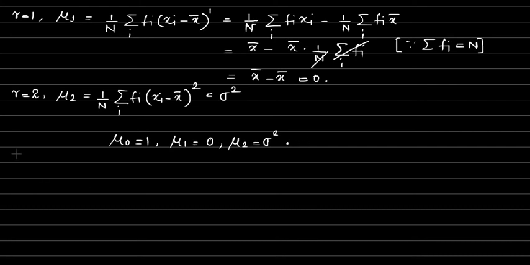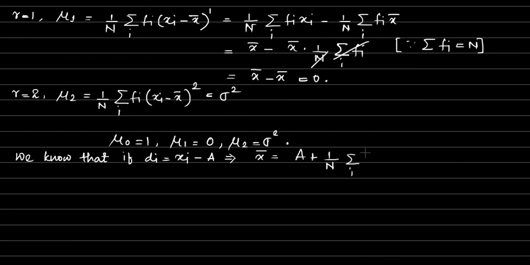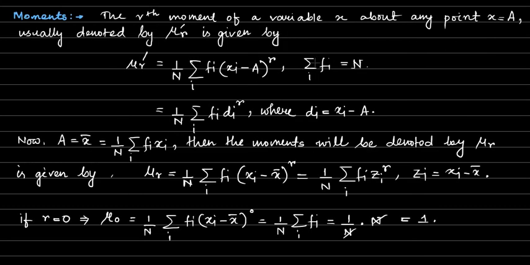Now we also know, while doing means, that if di is equal to xi minus a, then this implies x bar is equal to a plus 1 by n summation over i of fi di, that is nothing but a plus, now see this quantity, this is nothing but the definition of mu r dash.